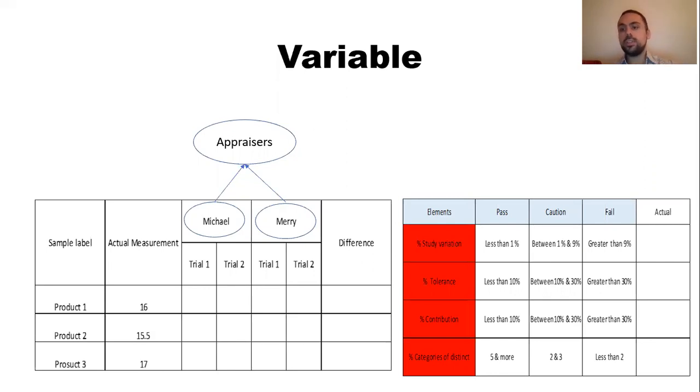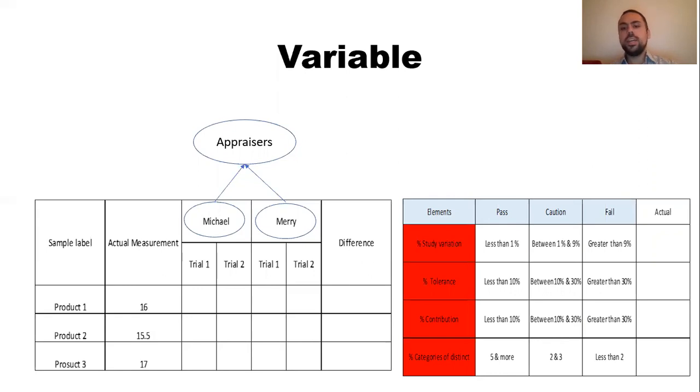About the number of distinct categories, if it's 5 or more, it's passed. If it's 2, we should divide the information into 2 categories, low and high. If it's 3, we should divide into 3 categories, low, medium, and high. But if it's less than 2, our measurement system has failed.